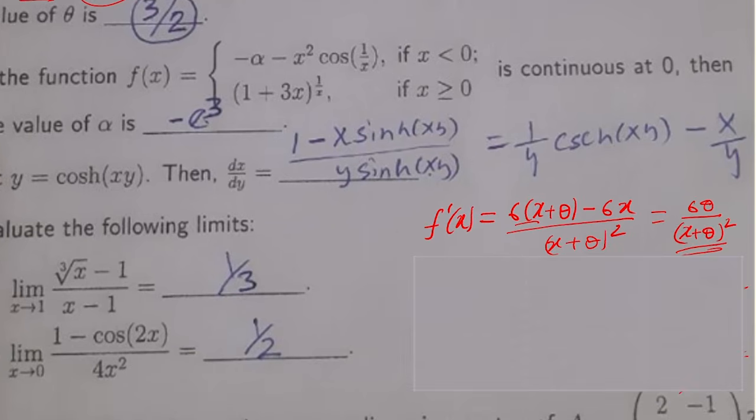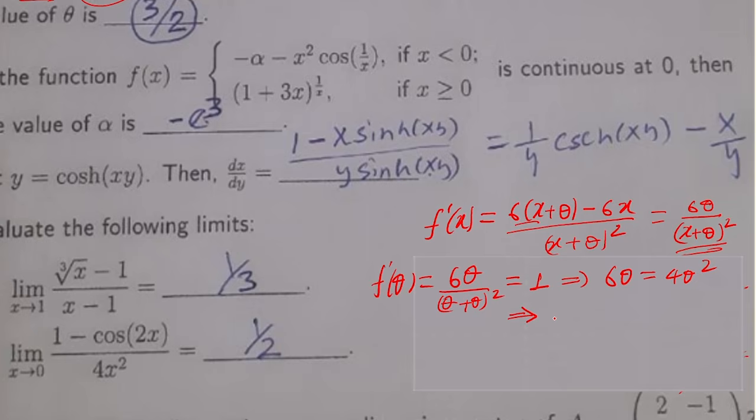Now look, f derivative at theta is 1. So f derivative at theta is equal to 6 theta over theta plus theta the whole square, which is 1. So this implies 2 theta squared is 4 theta squared, multiply both sides. 6 theta is equal to 4 theta square.